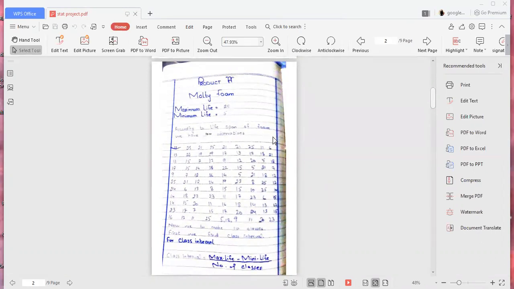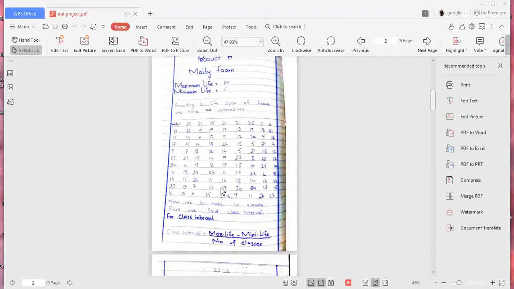Below I have taken 100 observations, which was the requirement of the question. I have taken these observations between 5 and 25. These are exactly 100 observations, which was our requirement.